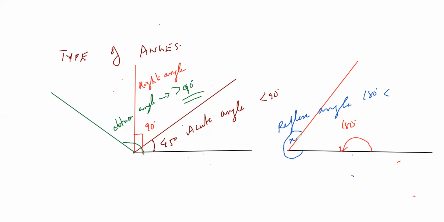If this angle is x, x is less than 360. Fine. Up to this, is it fine? If you're fine with this, then the next one which I'm going to take.